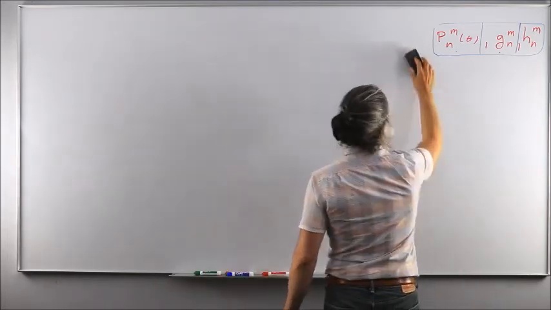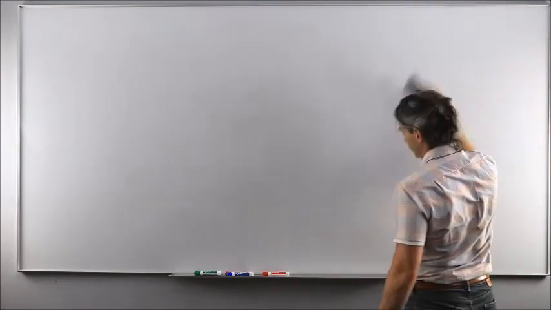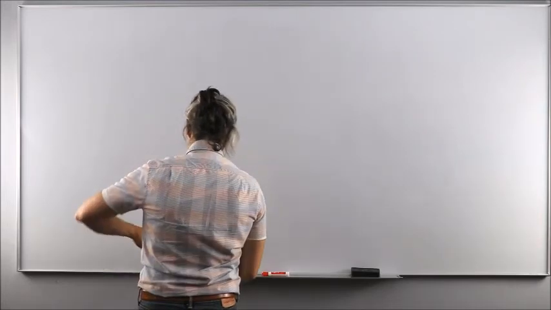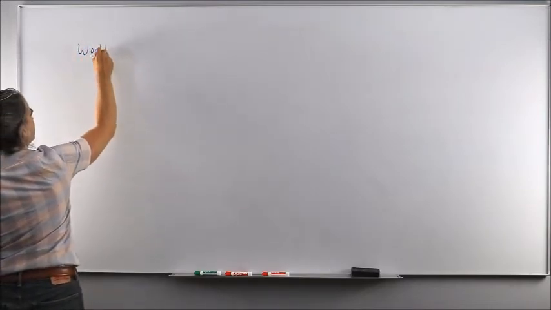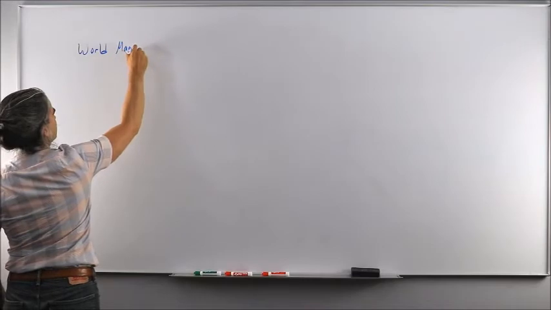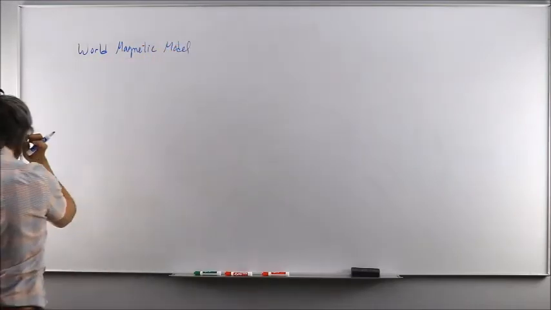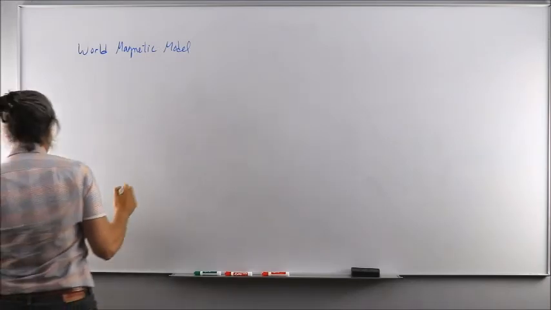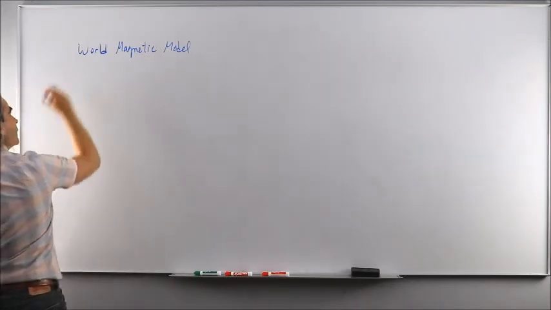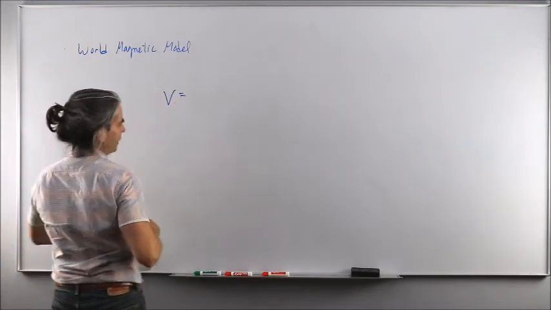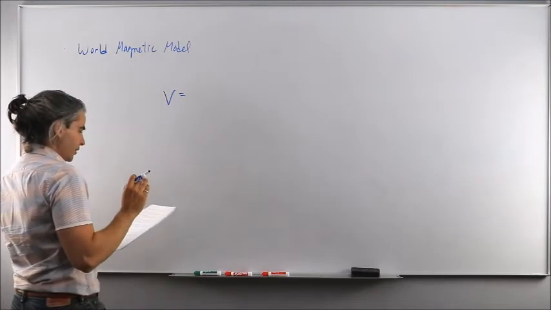So that was the spherical harmonic model, the most accurate we can think of. Okay? The second one is known as the world magnetic model, which models the magnetic potential field V by taking only degree up to 12.